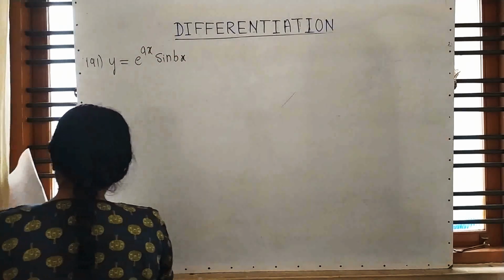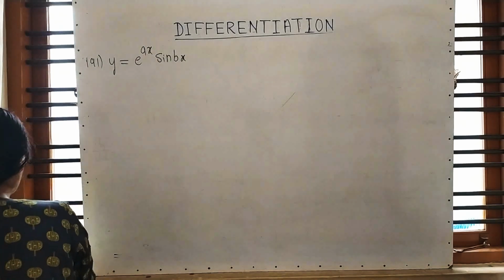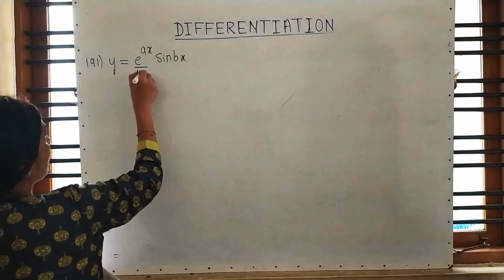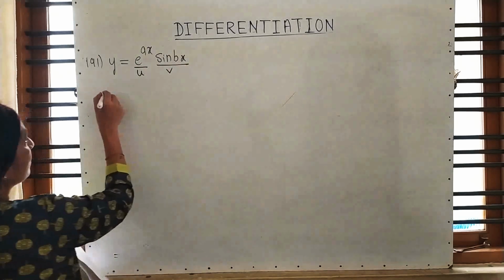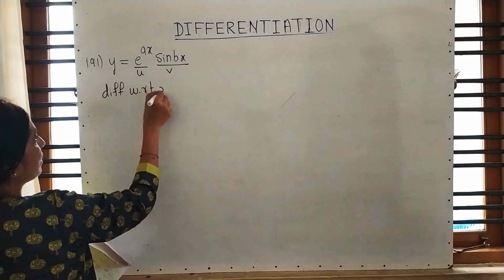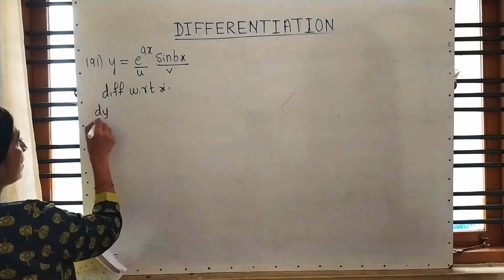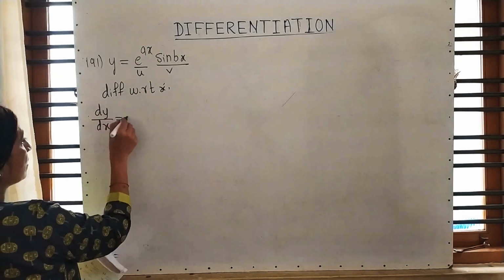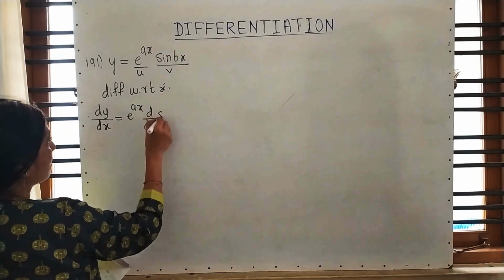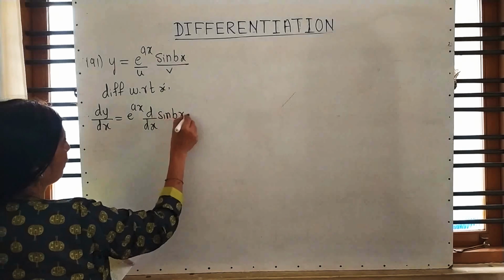The students tell me here which formula you are applying. Again here also we are applying u into v. This is u, this is v. Differentiating with respect to x. E raised to ax. Differentiation of sin bx.